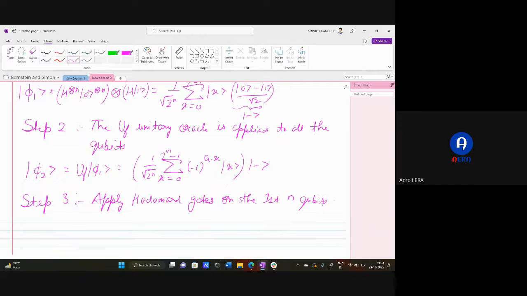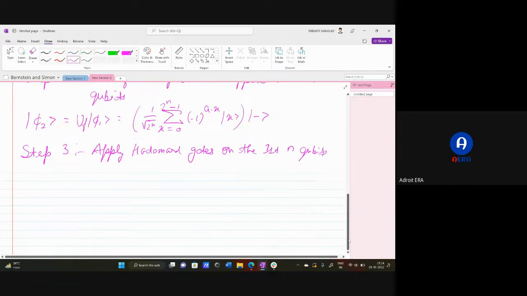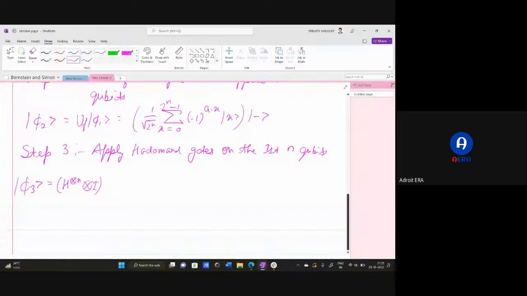That means the first register. So what will happen? We get phi 3 equal to H tensor n tensor I, because doing nothing means identity, and we are not doing anything with the second qubit. So doing nothing means applying identity to phi 2.